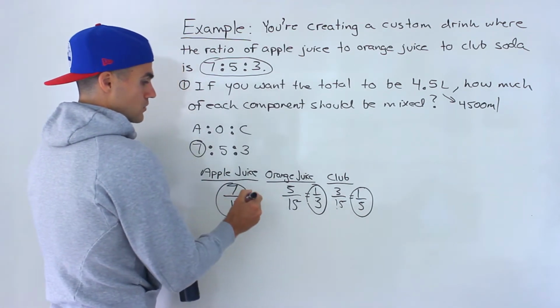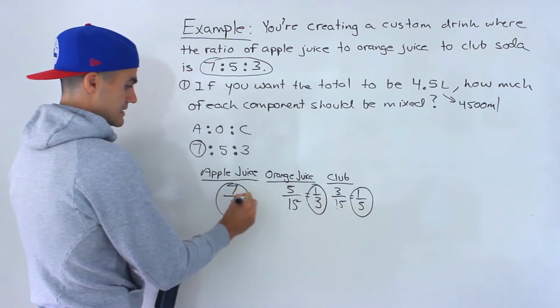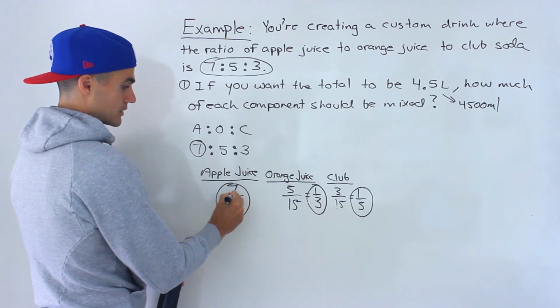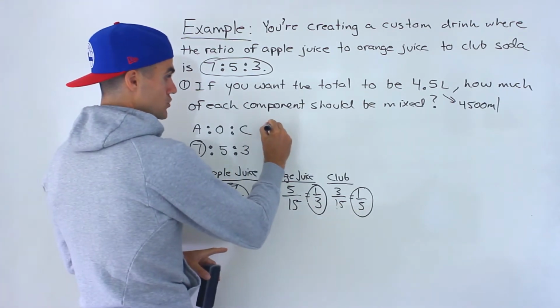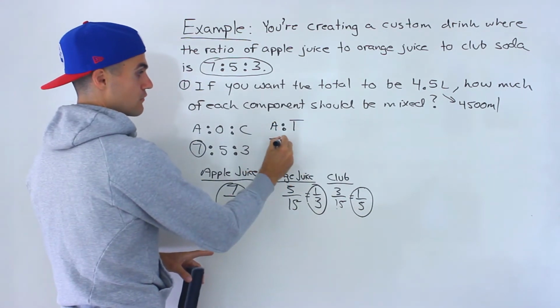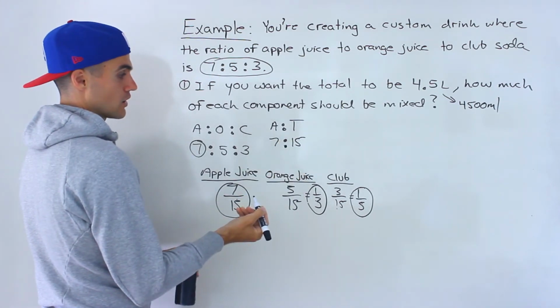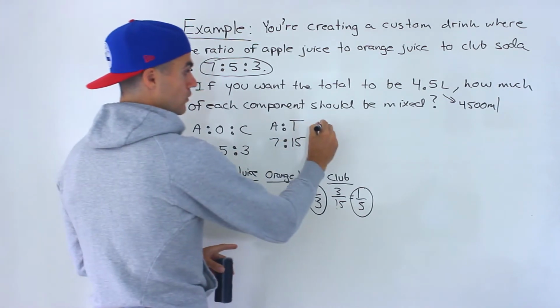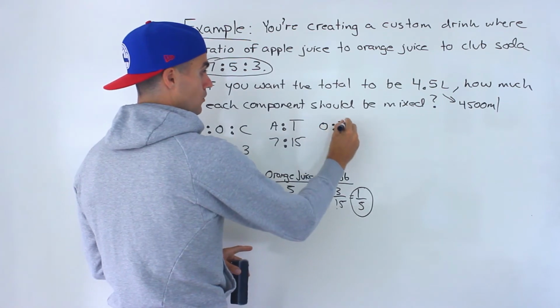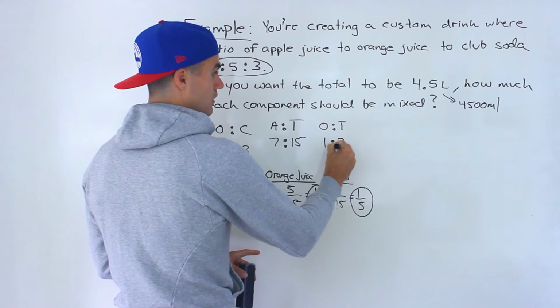Another thing I want to mention is, another way to look at these fractions is that this here is like the ratio of apple juice to the total mix, 7 to 15. That's actually another way to look at it. Or the orange juice to the total is 5 to 15, or 1 to 3.